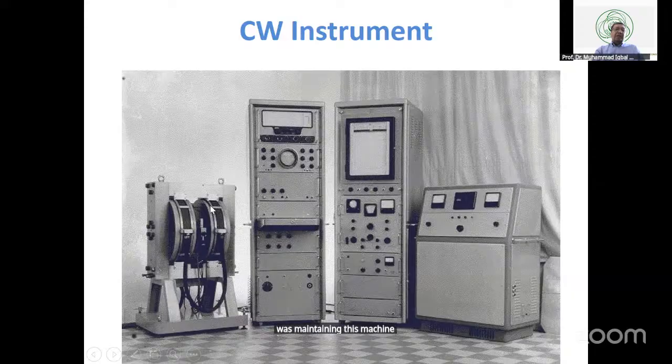And can you believe it, that in universities of Sindh in the 70s and 80s, they were using NMR. And these were permanent, these are electromagnetic. So you have your sample inside.